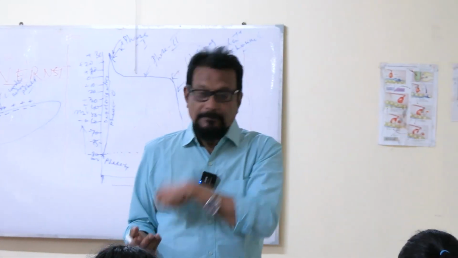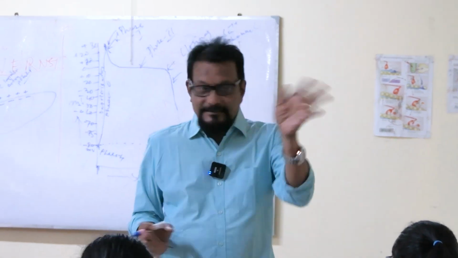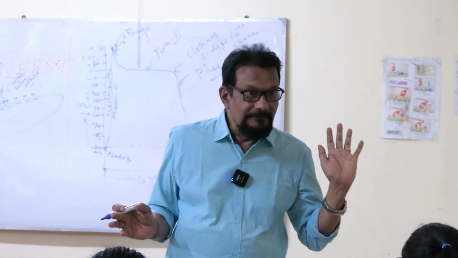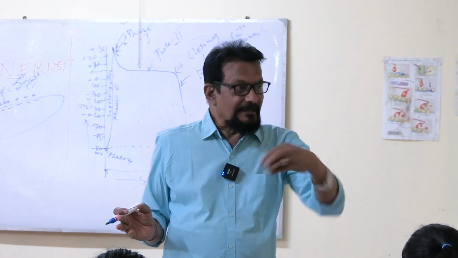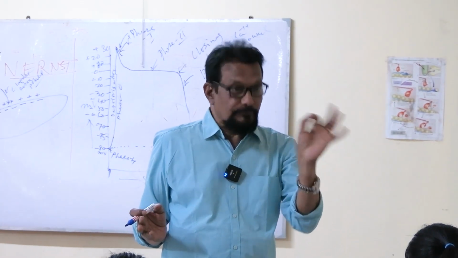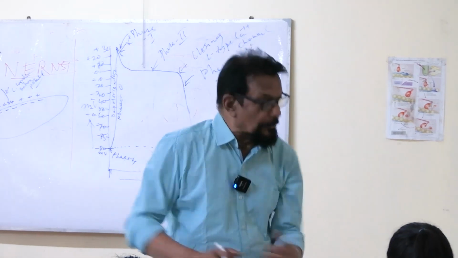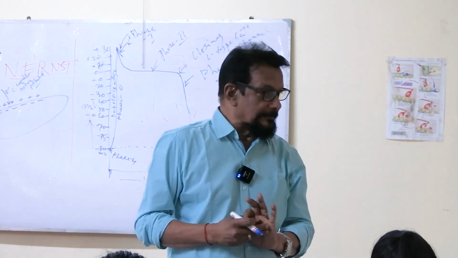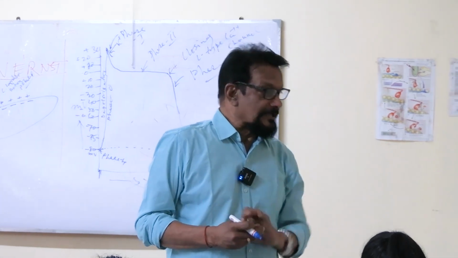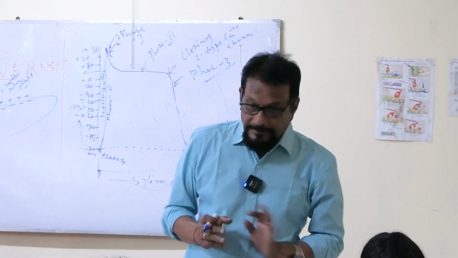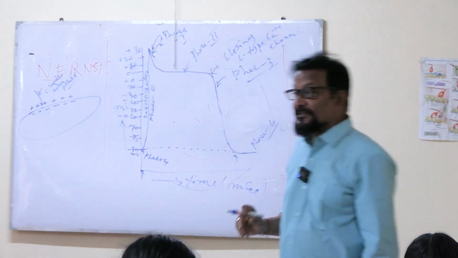What entered will go out again, and each ion goes back to where it was. The calcium ions that entered from the sarcotubular system and sarcoplasmic reticulum will go back to the sarcoplasmic reticulum and to the sarcotubular system.